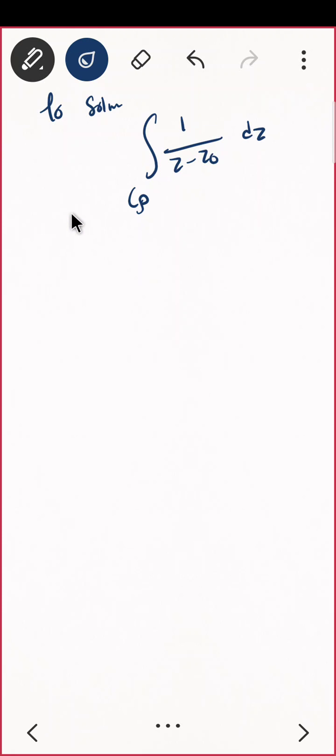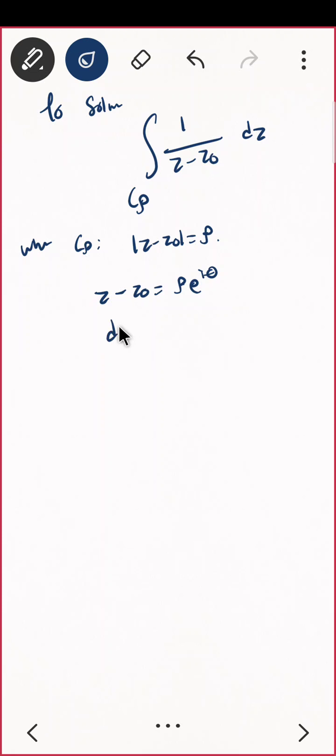You need to substitute what 0 is, where 0 is z minus z naught equal to rho. So let us use the parameterization: z minus z naught equal to rho e raised to I theta. What is dz? dz will be rho I e raised to I theta, correct?